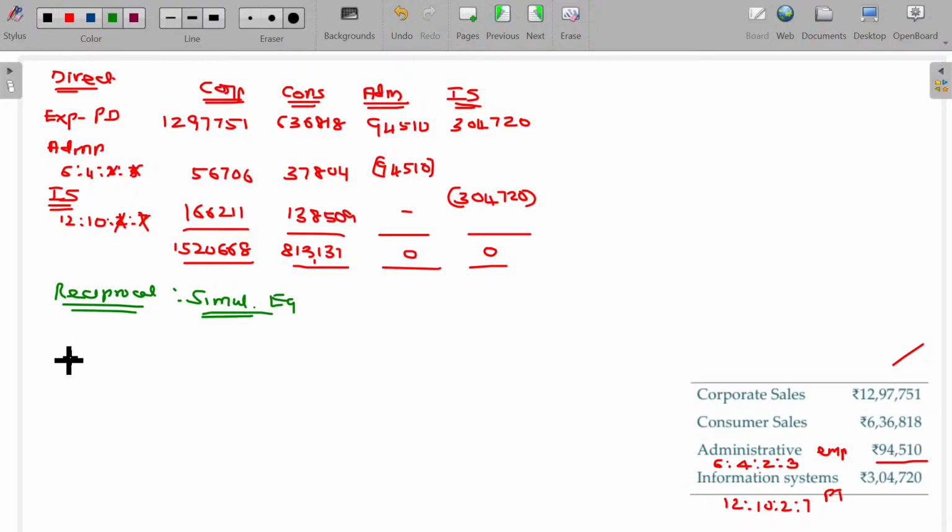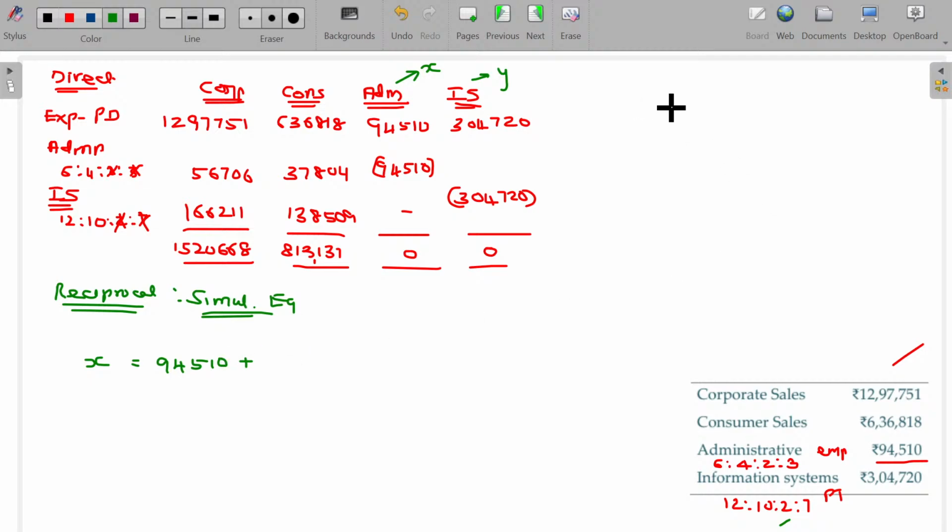Now, in case of admin, I keep this being x. Admin is equal to x. IS is equal to y. X value is equal to 94,510 plus how much is from IS? From IS to administration, it is 2 bar 24.